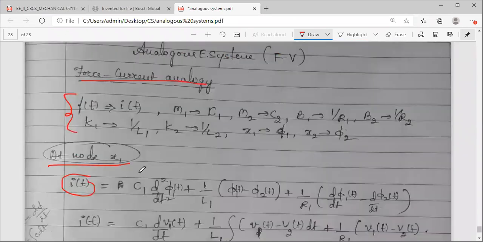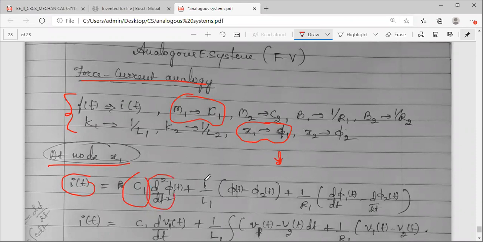I have to replace m1 by c. It should be c1. c1 d by dt square of x of t. What is x? It is your magnetic flux phi. In case of force voltage, the displacement is replaced with charge q, but here it will be flux phi1.